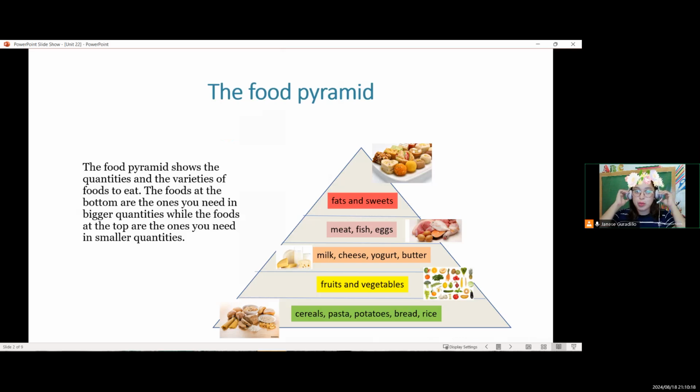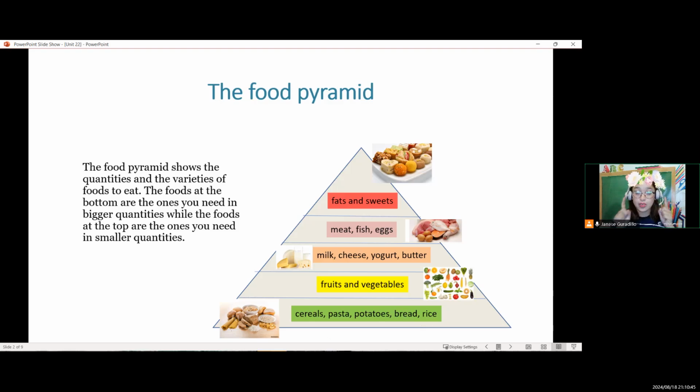The foods at the bottom are the ones you need in bigger quantities, while the foods at the top are the ones you need in smaller quantities. So, at the bottom, these are the ones that we need in bigger quantities, just like the cereals, the pasta, the potatoes, bread, and rice.